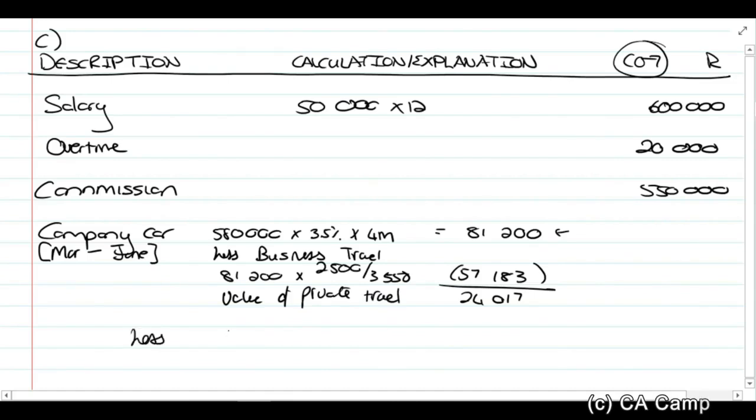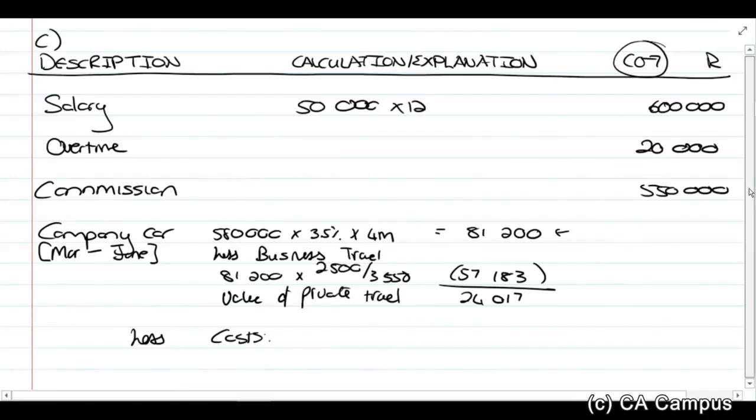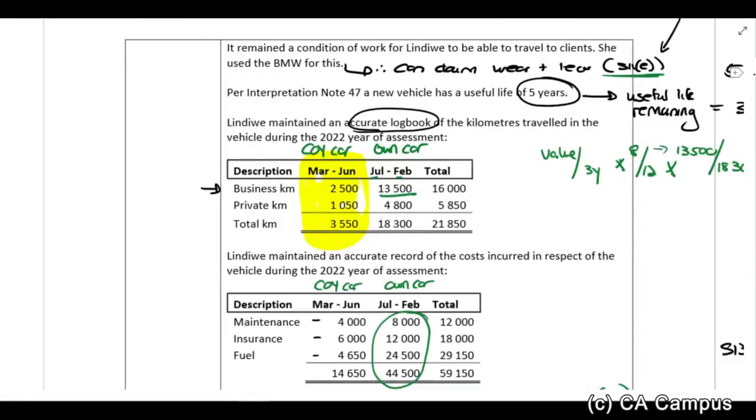You only will now need to deduct the private portion of the costs because you've deducted the business travel in total. So we've got maintenance, insurance, and fuel. Okay, remember the license is not covered by us or by Lindiwe.